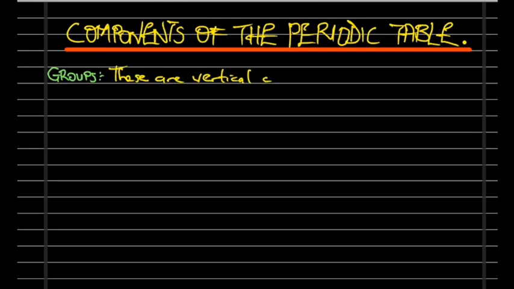These are the vertical columns that are found in the periodic table.